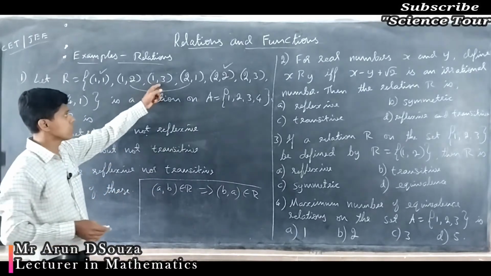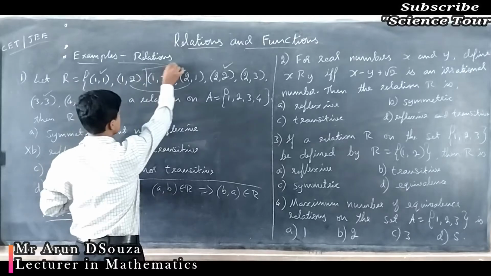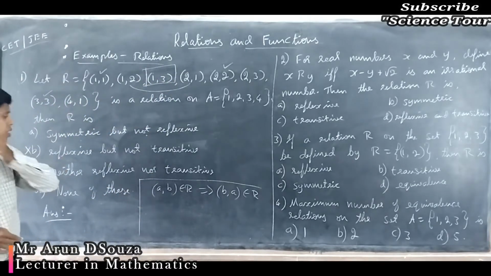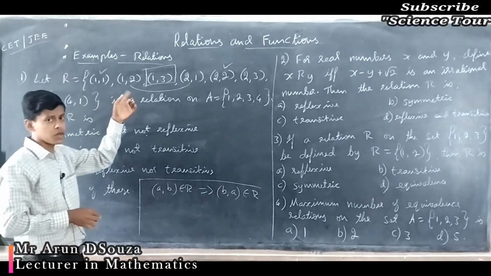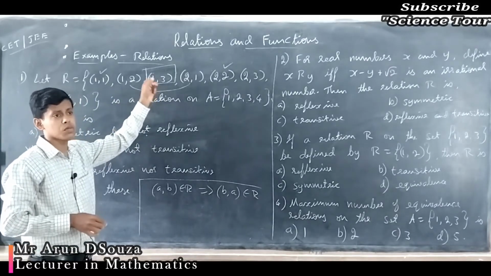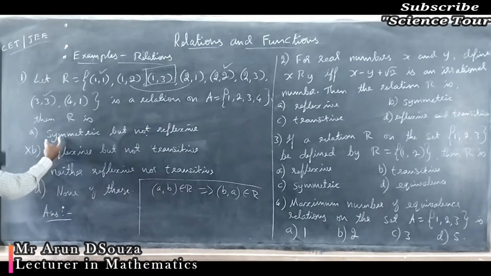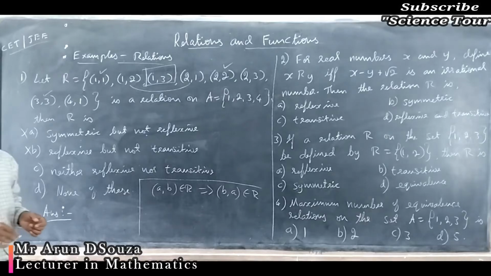But you have (1,3), and for (1,3) you don't have (3,1). Do you have (3,1)? No, you don't have. Therefore (3,1) is missing, so it is not symmetric. This option is saying it is symmetric, so that is also not correct.